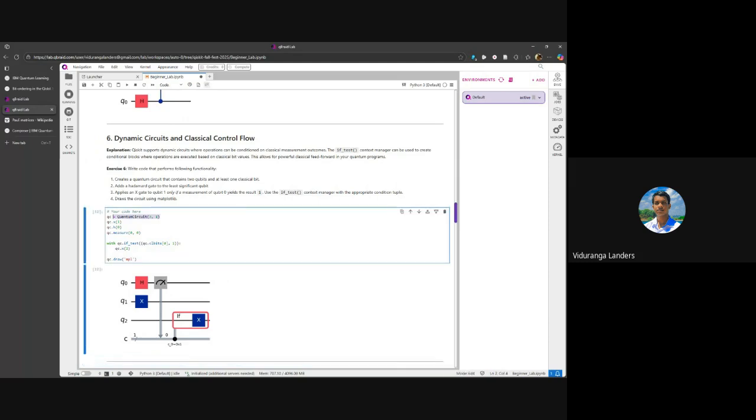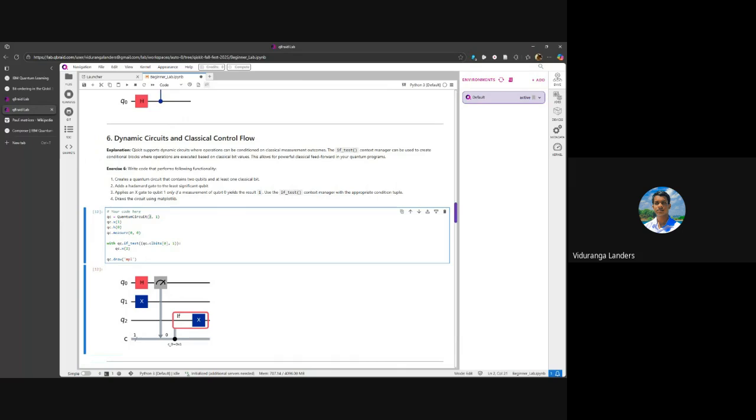So I created a quantum circuit with 3 qubits and 1 classical bit. This means I have 3 qubits in my quantum register and I have 1 bit in my classical register. So if you are defining it that way, you have to define it as a classical register of 1 bit and a 3 qubit array.